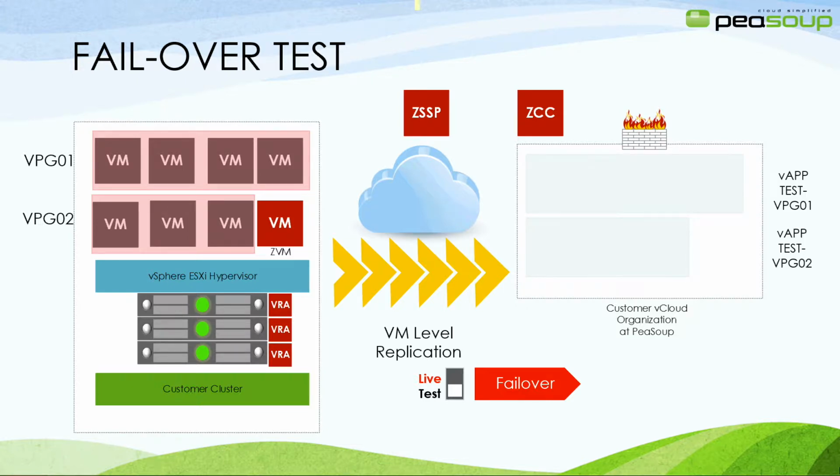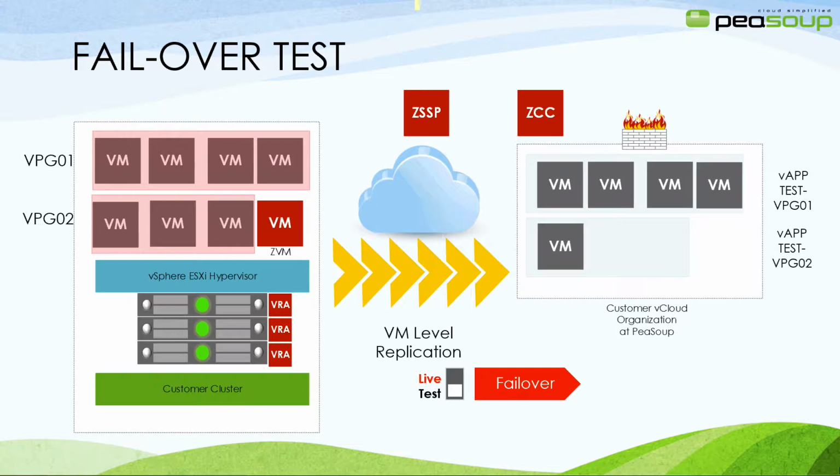When we press the button, what will actually happen is the vApps will be created on our cloud side, and within that vApp, the VMs will be deployed. What is important to notice is that the vApp will be called testing recovery. So you can see that it is all going well and live.